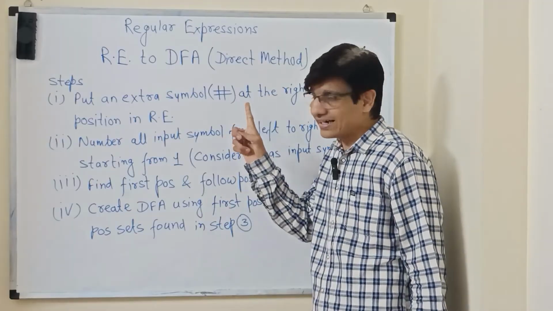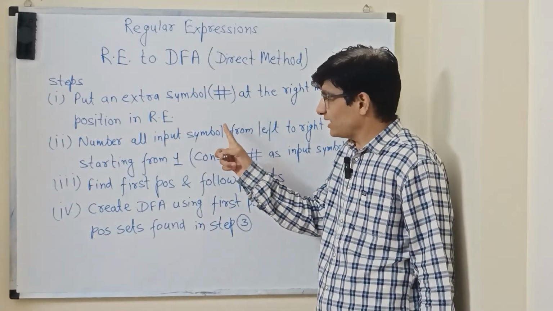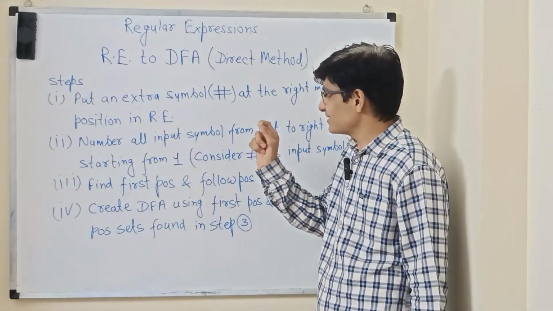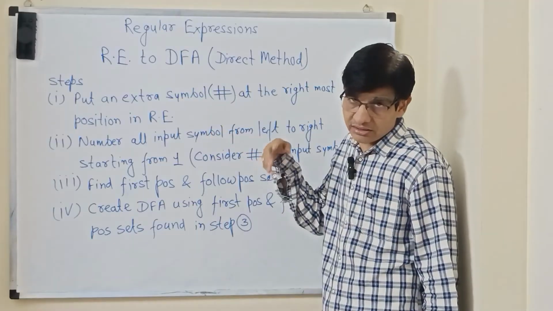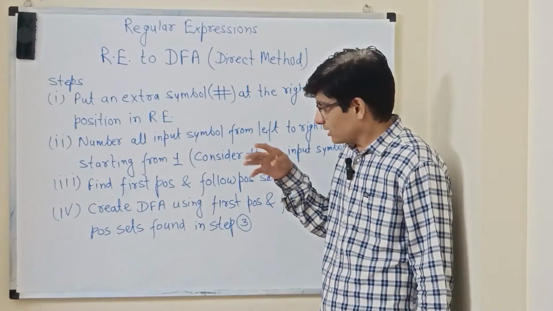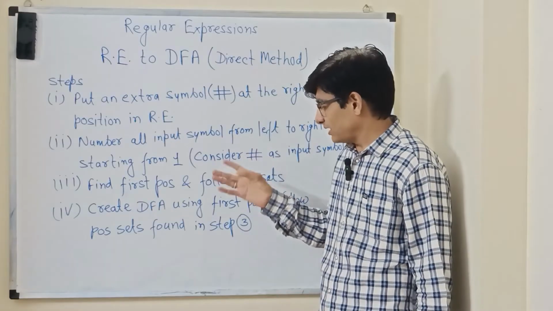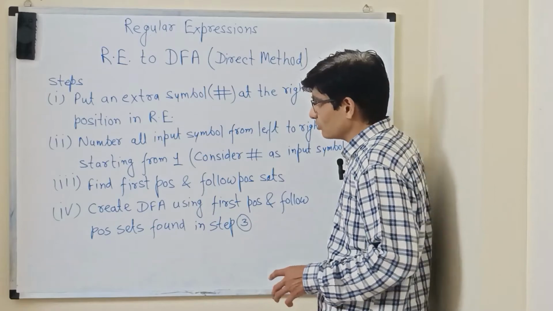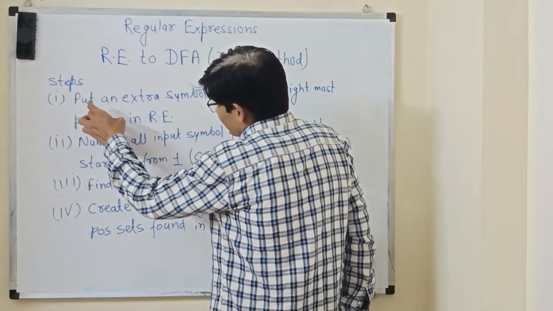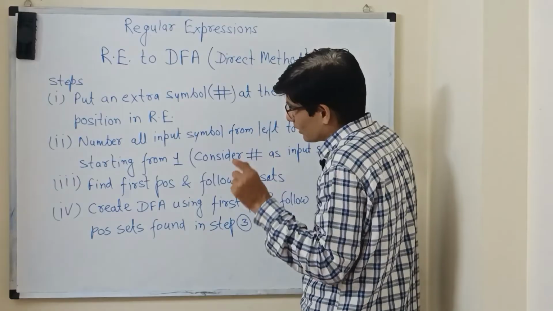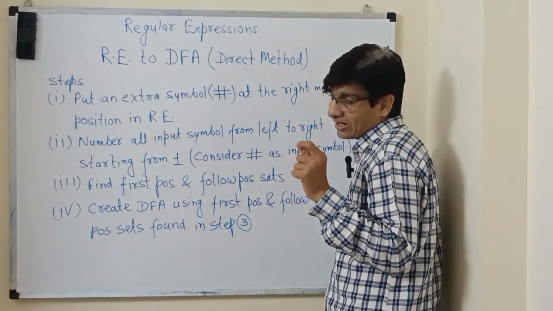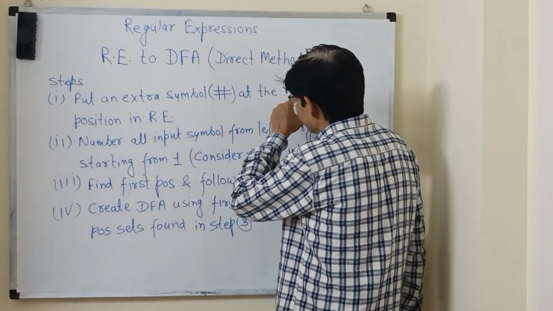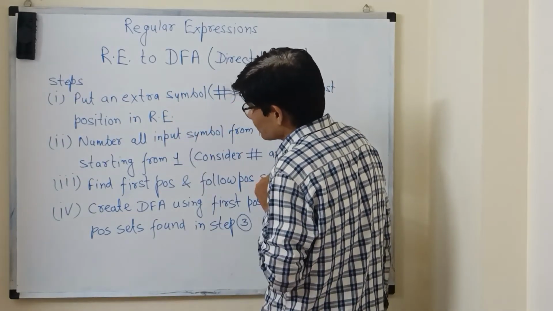This hash symbol is added to identify the final state in the DFA, and when I take an example and convert a regular expression into a DFA, it will be more clear. For now, you can understand that the hash symbol is added to identify the final states in the DFA, and it is placed at the rightmost position in the regular expression.